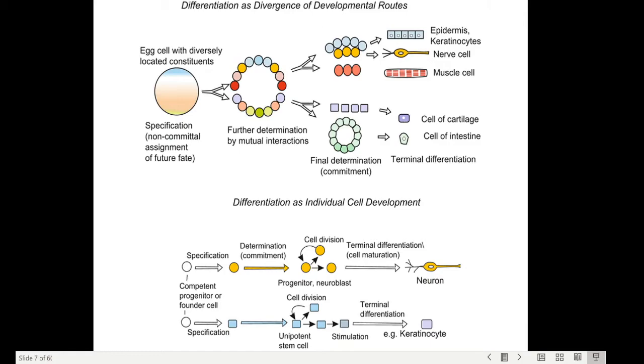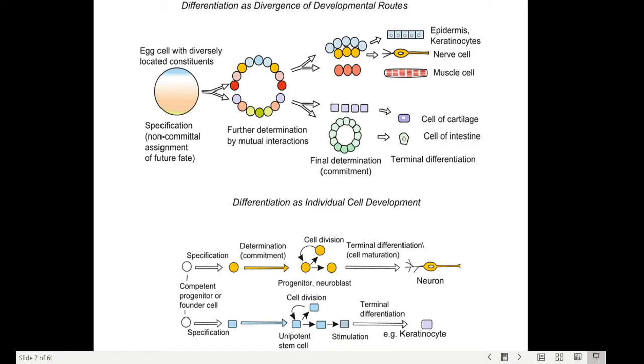These are the 4 steps in the divergence of the developmental route: specification, mutual interaction, that is the determination, then commitment, terminal differentiation. You want to take these 4 steps into your brain because they are given in order. You want to arrange this order. They are provided mixed up in your options, and from those options you need to find out the correct order.